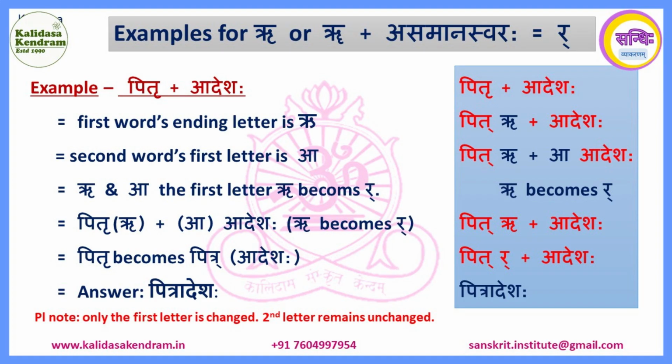Always remember, in this Sandhi, the change happens only in the first word, not in the second word. Let's see the examples for this rule. Ri or Ree plus asamana swaraha. The first letter Ri or Ree becomes Ra. So now let's see the examples.